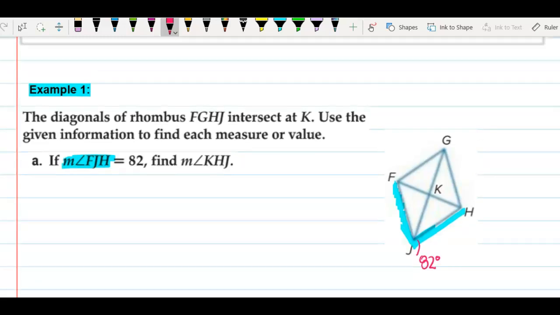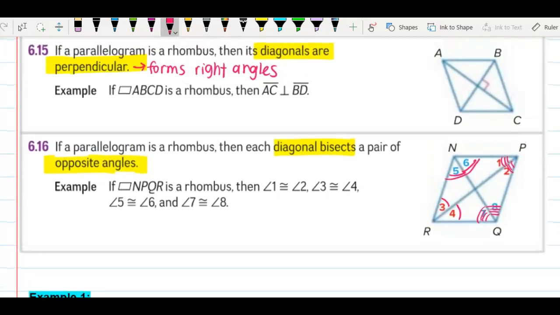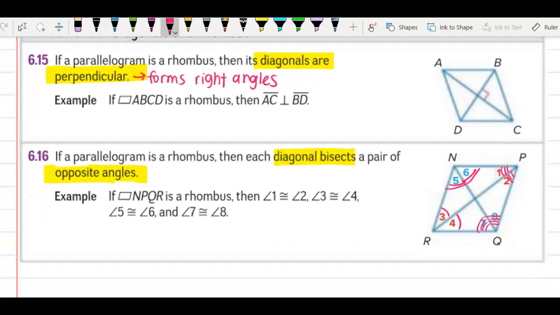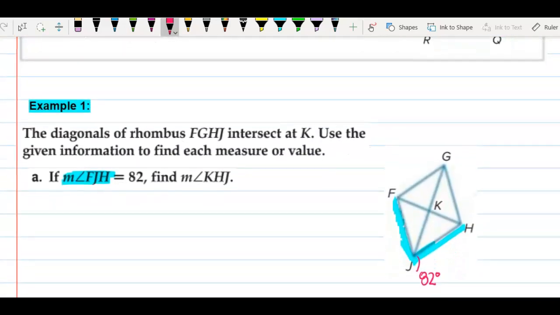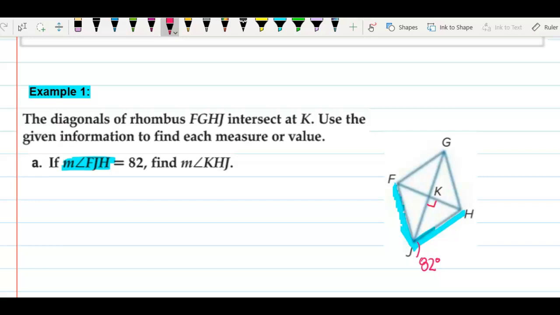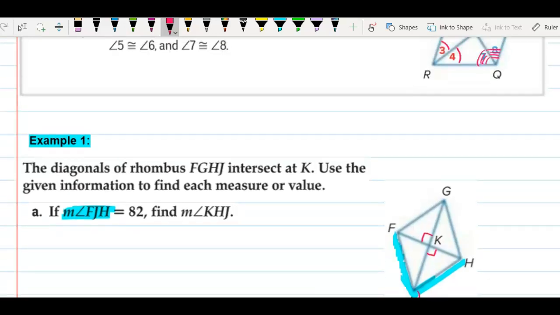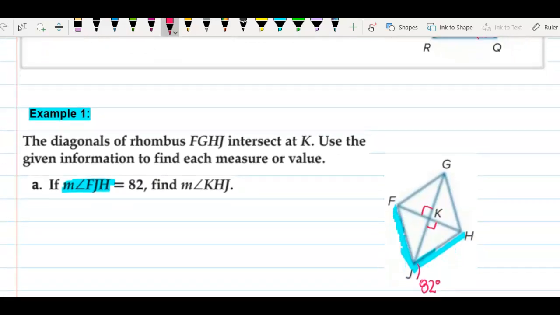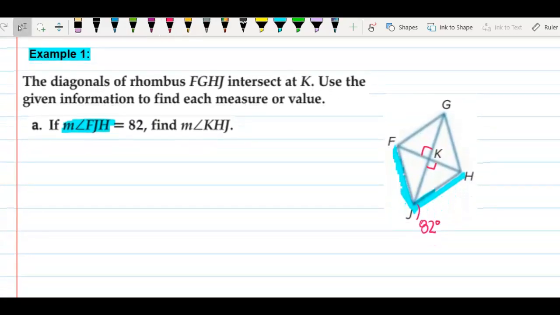If we go back up and look at the things that we know: diagonals are perpendicular, so these diagonals are forming right angles. The other thing they're doing is bisecting the angles. Specifically at J, when this diagonal comes into J, it's splitting it in half.